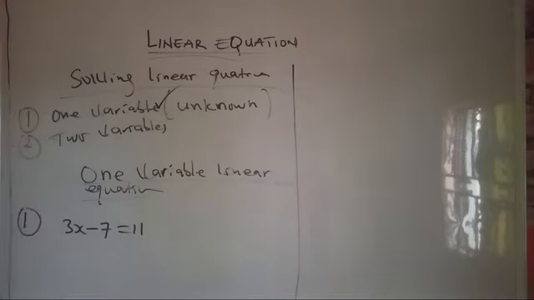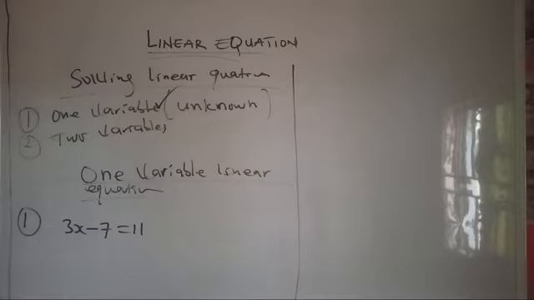You take the ones without alphabet to one side, and the ones with alphabet to another side. Here minus 7 and 11 do not have alphabets attached to them. Those alphabets attached, we call them the variables.